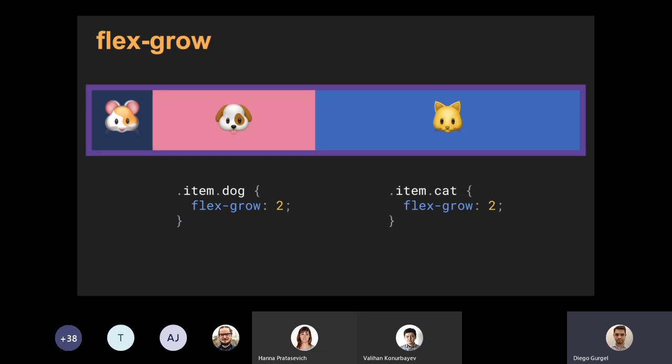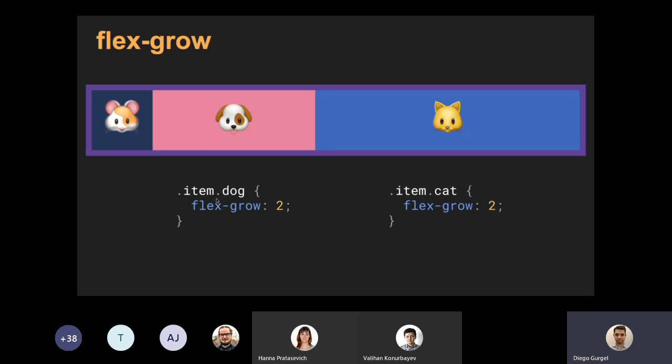And the other thing is that it's really well supported across browsers. Even IE 11 has support for Flex, so it's really good if you are working on legacy projects as well. So, flex grow.